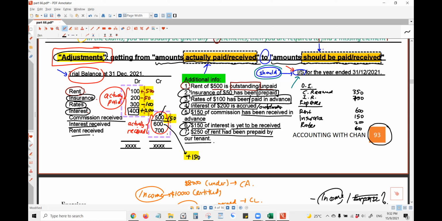So to find the amount we are supposed to receive during the year, we have to minus 250 to arrive at amount you are entitled to receive, in fact. So no space here. Okay, I write here rent received in the income statement. 700 minus 250, 450.